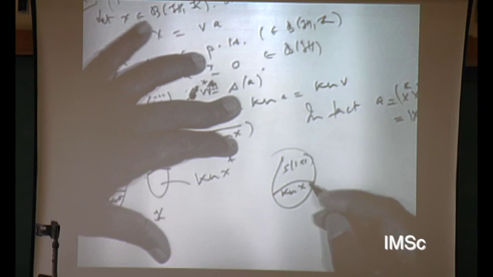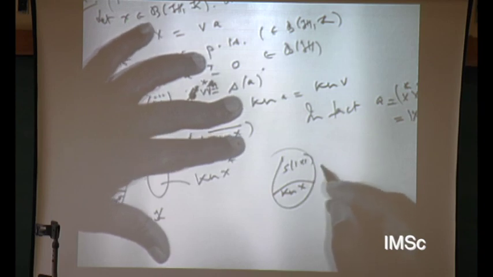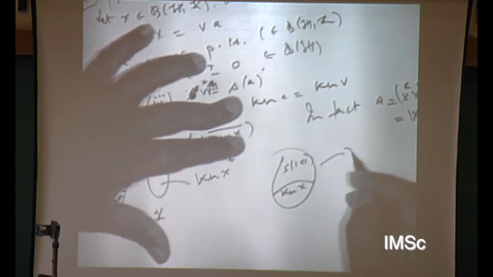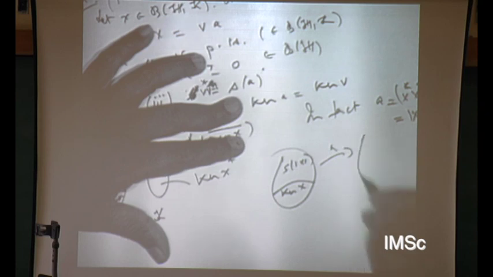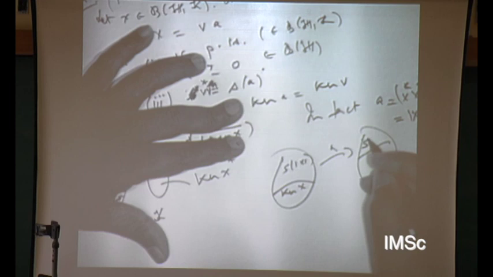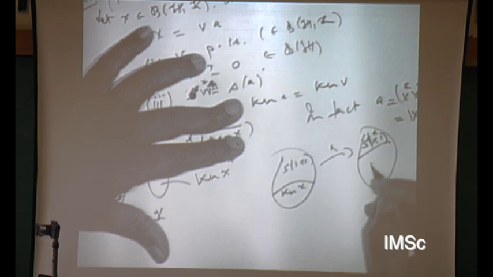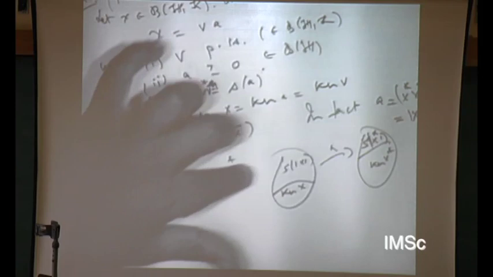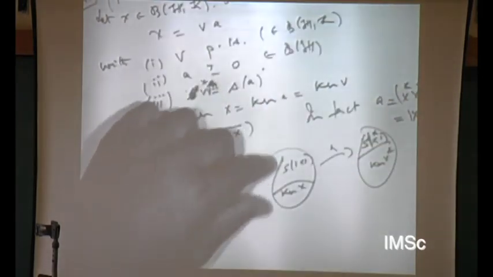And this U can be thought of as a unitary from this piece to this piece. It's an isometry from this subspace onto this subspace.